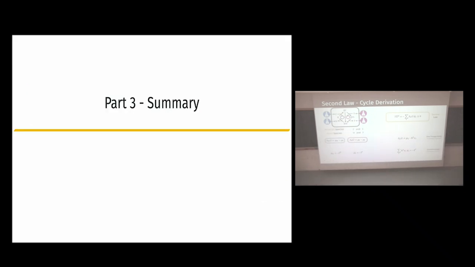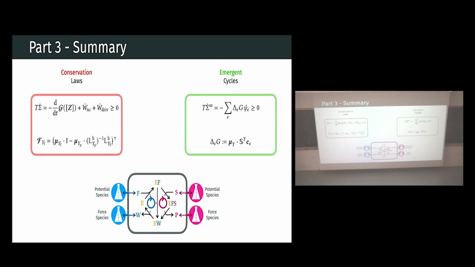Okay, just to sum up the last part, we derived two kinds of second laws using these topological properties. One based on the conservation laws, and we got out an expression for the forces maintaining the system out of equilibrium. And they emerge only if we have both force and potential chemostats. Because again, they exchange the same moiety, the same object, they apply different chemical potentials, and that creates the force maintaining the system out of equilibrium.